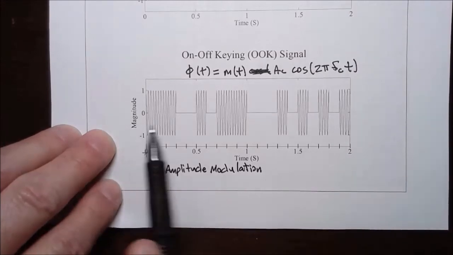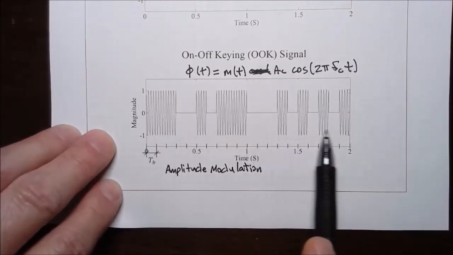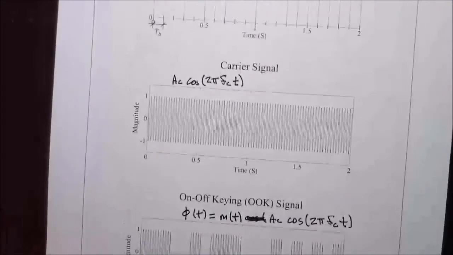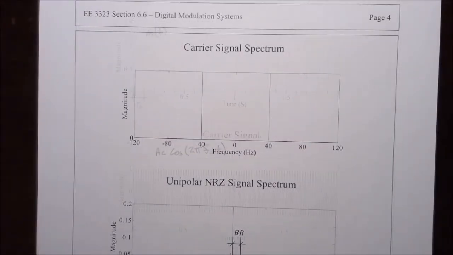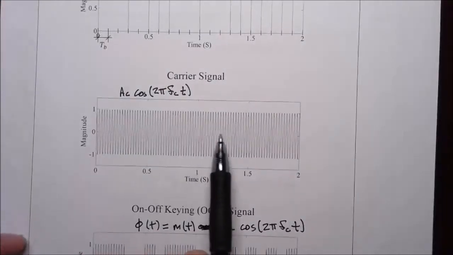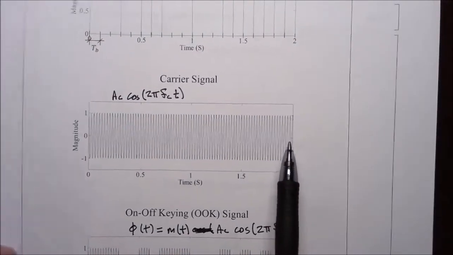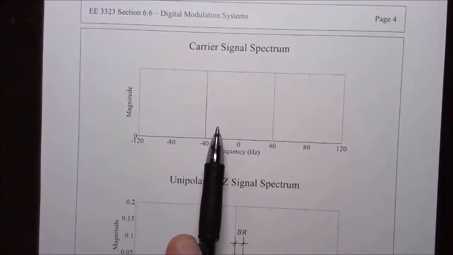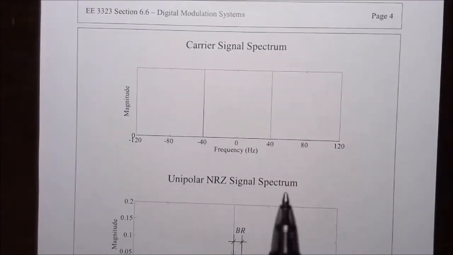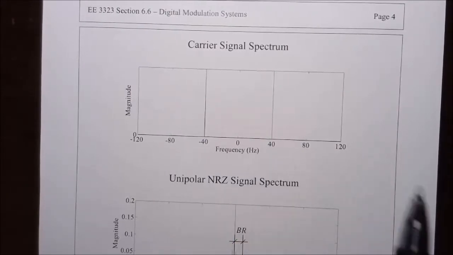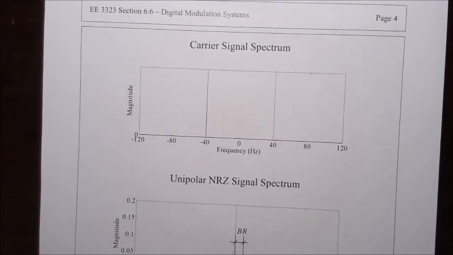Okay, so now let's look at the frequency content of these signals. This is the frequency content of the on-off keyed signal. Remember, we have a carrier at a constant frequency, so the spectrum of the carrier signal is simply a pair of delta functions at the carrier frequency, which I've chosen to be 40 Hertz just because it made the pictures look nice.